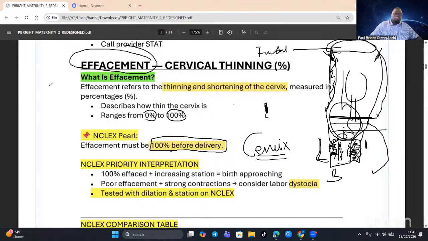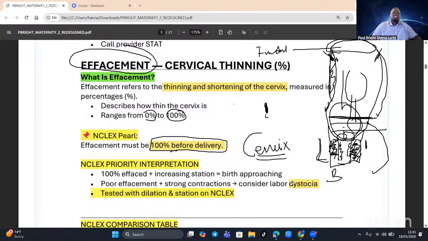You understand? So it's a journey. Pregnancy is a journey. If you don't understand it, you will always be confused and always flip the notes. So 100% effacement plus increased station equals what? Birth approaching. Poor effacement plus strong contraction, consider labor dystocia.